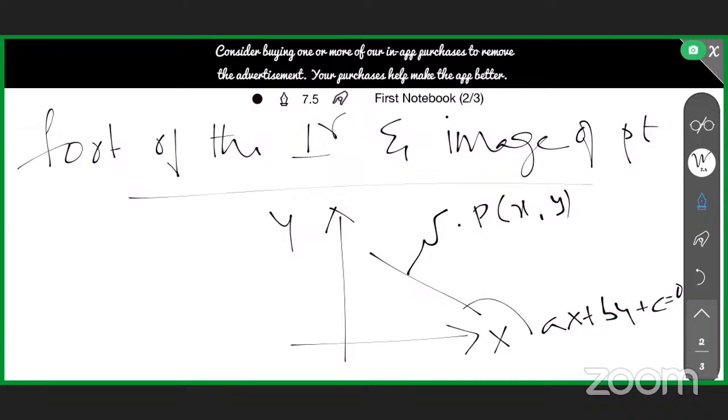There is a line ax plus by plus c is equal to 0, and there's a point P(x, y) as shown in the screen. Now, I need the distance between the point and the line. This distance I want. How do I get the distance from the line to the point, or from the point to the line?